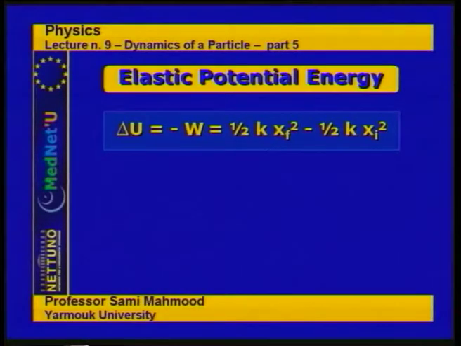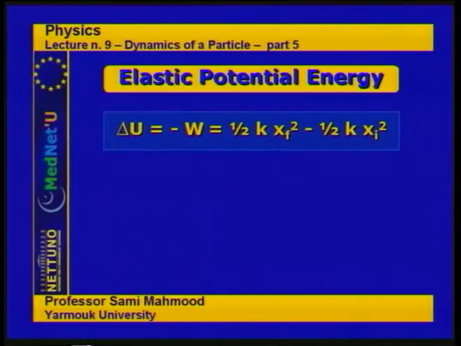And in order to evaluate the change in potential energy of the system as an object moves from an initial position where it's attached to the free end of the spring to a final position, we use the definition delta U is equal to the negative of the work done by the force.